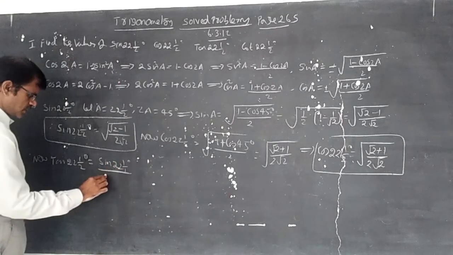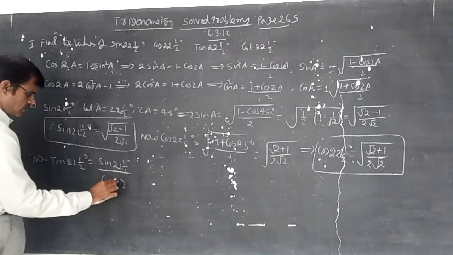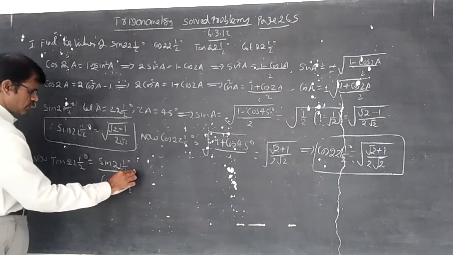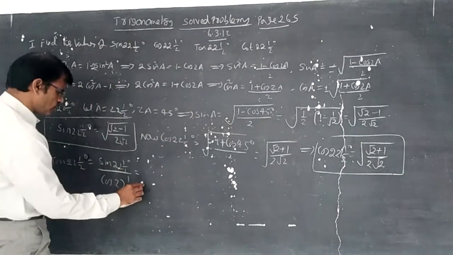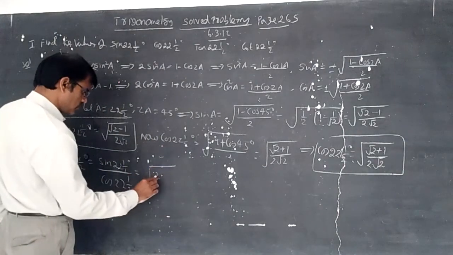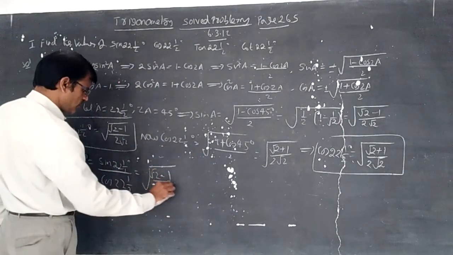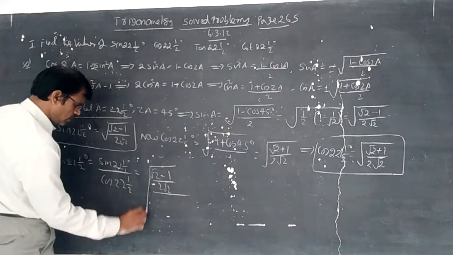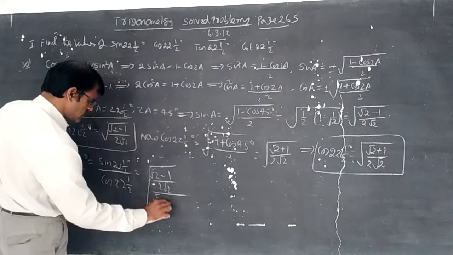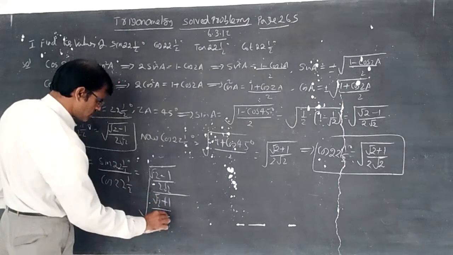So this is sin 22 and half by cos 22 and half. Sin 22 and half value we have written here as root of root 2 minus 1 by 2 root 2, whole by root of root 2 plus 1 by 2 root 2.